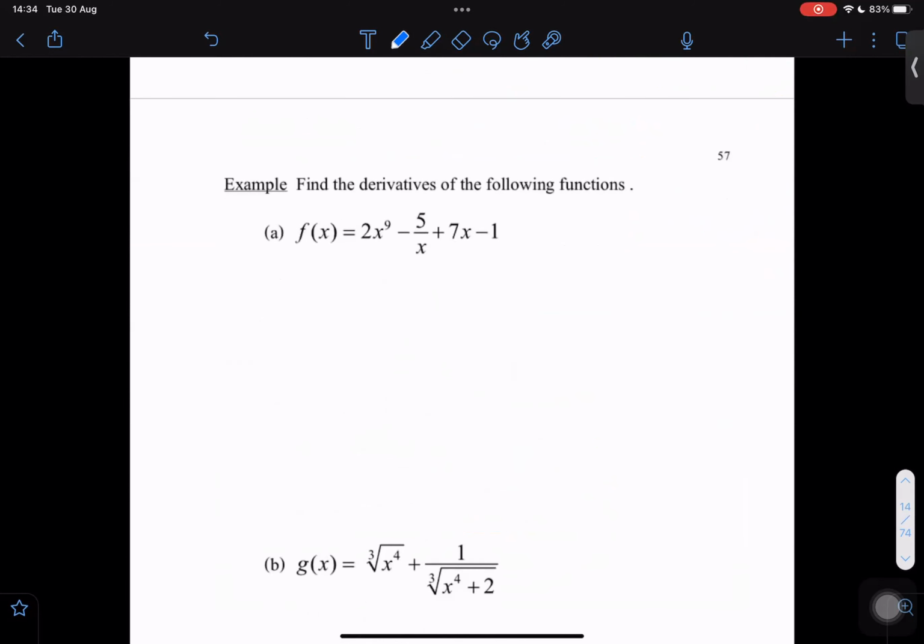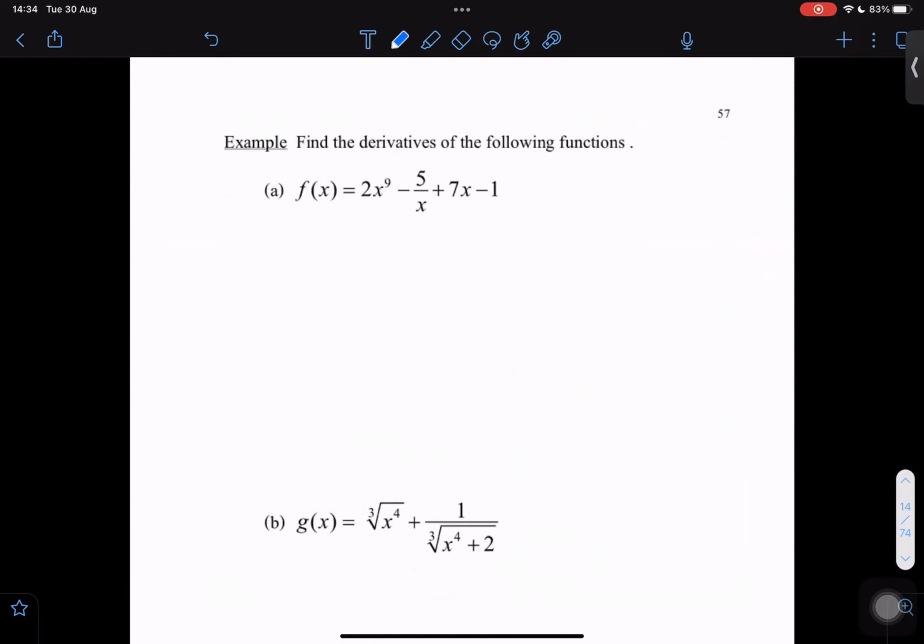But I'm going to find a derivative for you. If you want to find the derivative of this by using the definition, it's going to be very hard work. But by using the formula, it's going to be much easier.